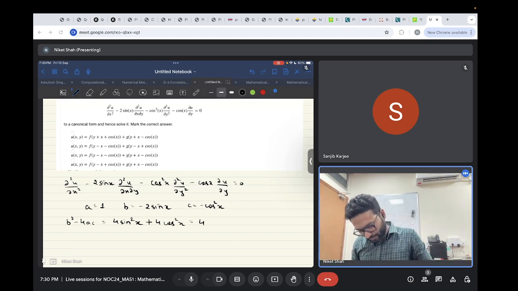So b square minus 4ac is 4, which is always greater than 0. So this is a hyperbolic PDE.